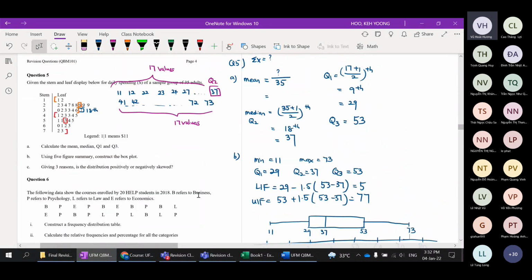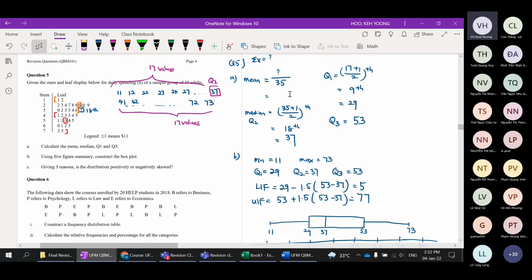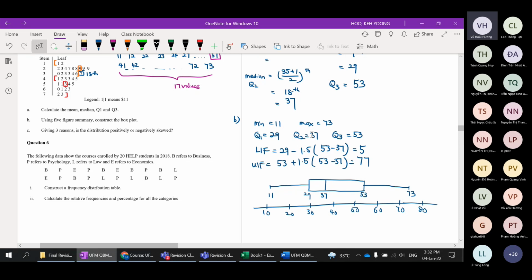Give 3 reasons: is the distribution positively or negatively skewed? Should it be positive or negatively skewed for question 5? Based on the mean and median, positive, right? Yes, correct.